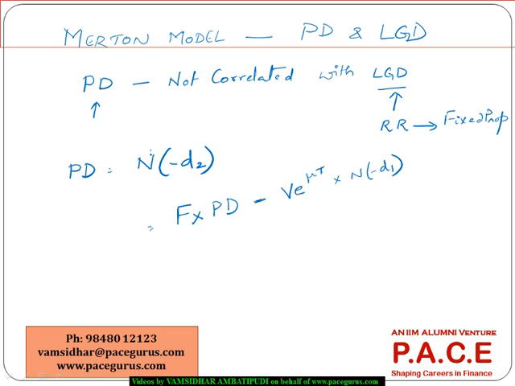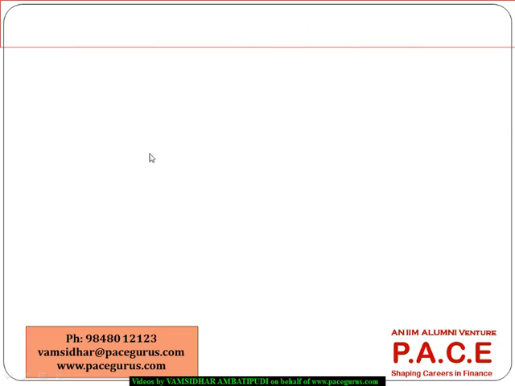Now we will look out for credit portfolio models. Now that we have used the Merton model for an individual bond, I will try to look out for credit risk portfolio models, meaning more than one obligor.